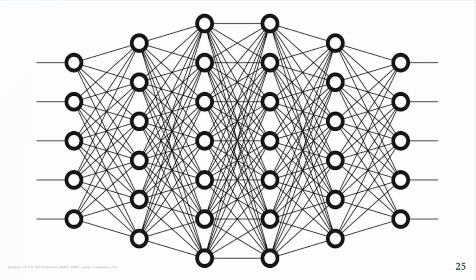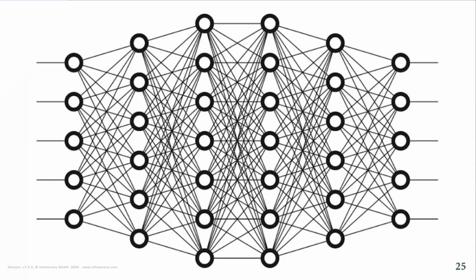For example, a convolutional neural network is extremely effective for analyzing images, while a recurrent neural network is designed for sequential data like texts or time series.